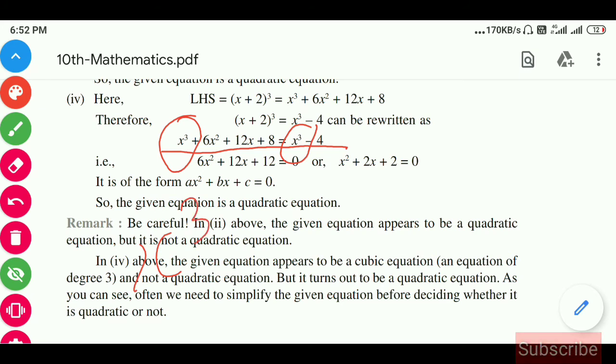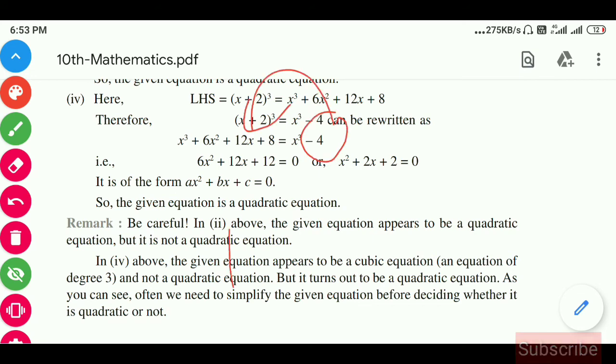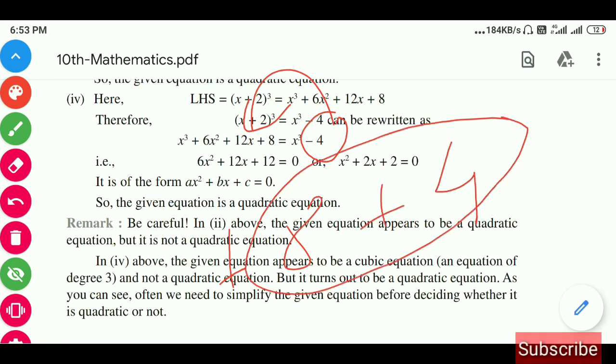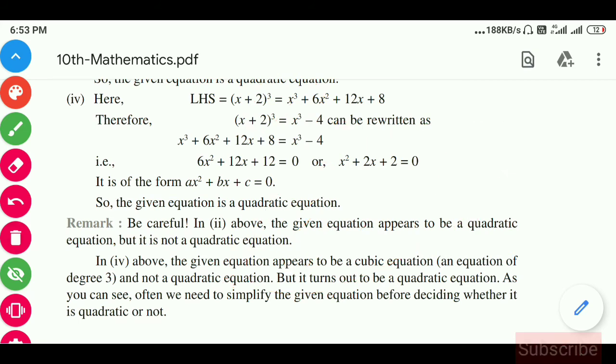The x cube in RHS, when it goes to LHS, becomes x cube minus x cube, and this gets eliminated. The minus 4 term when it comes to LHS becomes plus 4, means it gets added with 8 and gives us 12, and this equation satisfies the standard form of quadratic equation.